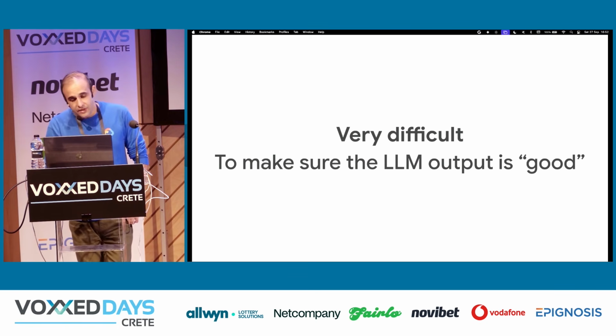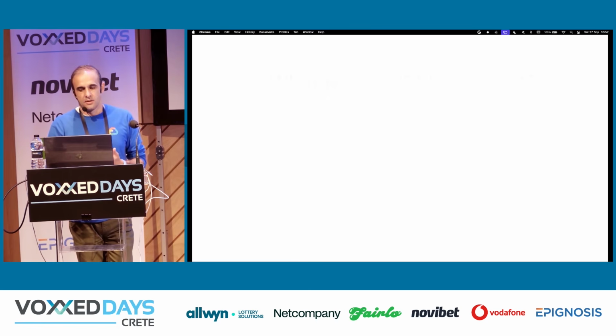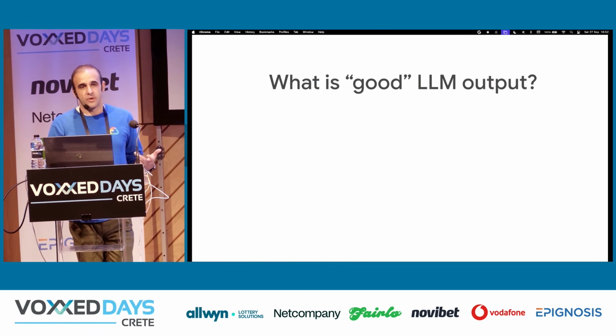What's very difficult is making sure that the output of the model is actually good. And I put good in quotation marks because it can mean different things to different people. So what does it mean for an LLM output to be good?